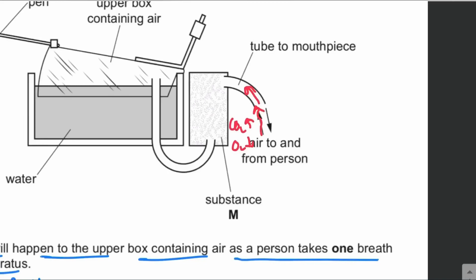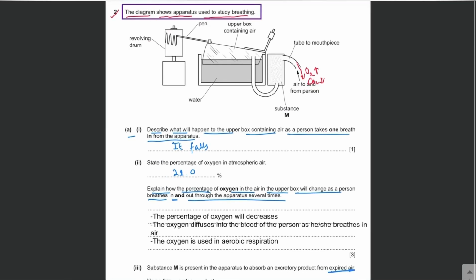So what happens is that this substance M absorbs carbon dioxide, it eliminates carbon dioxide, so that when the air goes to the box, the air contains mainly oxygen. So that the person when breathes in again through this apparatus, the person breathes in air containing high oxygen and low CO2. I hope you get this point.